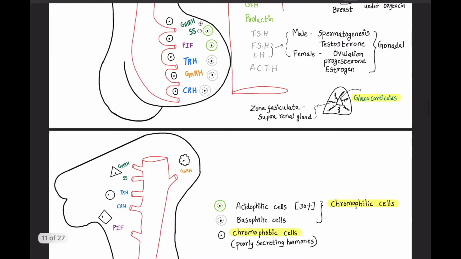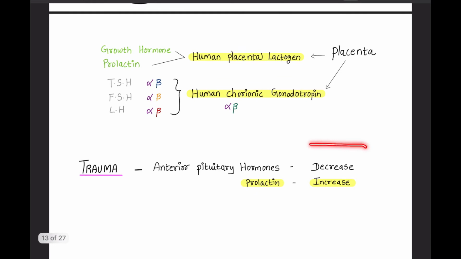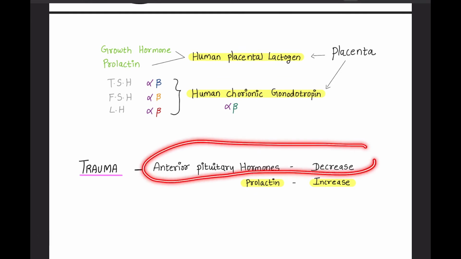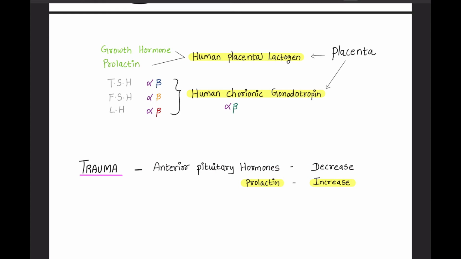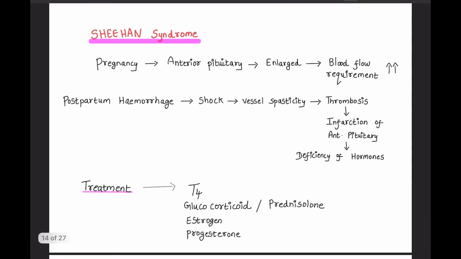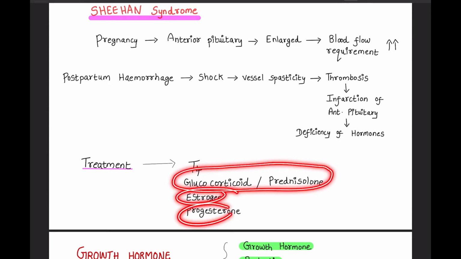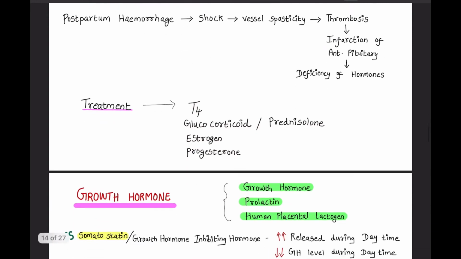As we have discussed earlier, during a trauma, all the hormones of the pituitary will become deficient except prolactin. Prolactin will increase. So what is the treatment of Sheehan syndrome? There is deficiency of hormones, so you give the hormones, such as T4 for thyroid stimulating hormone deficiency, and in the same way you give glucocorticoid, prednisolone, estrogen, and progesterone.